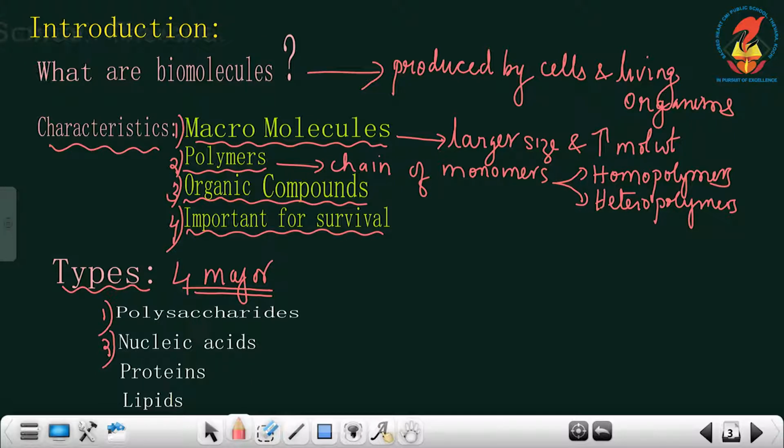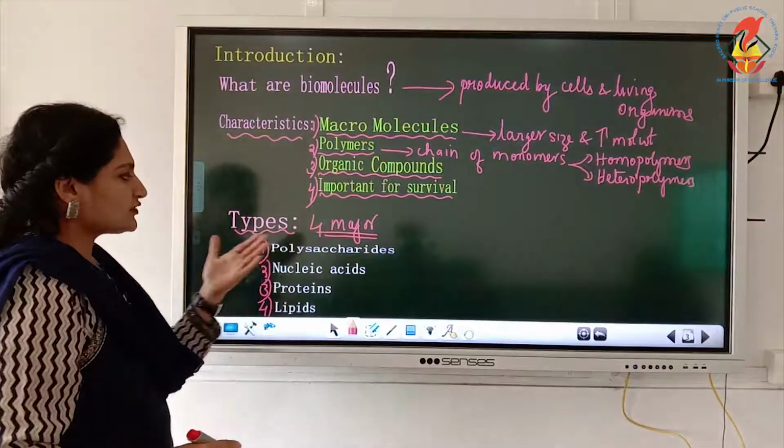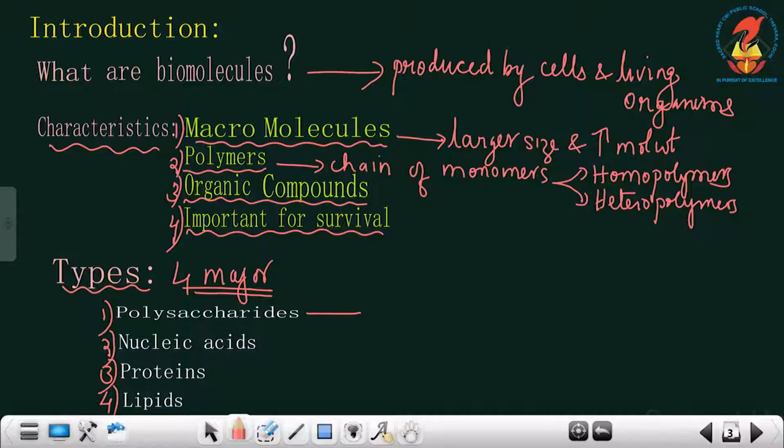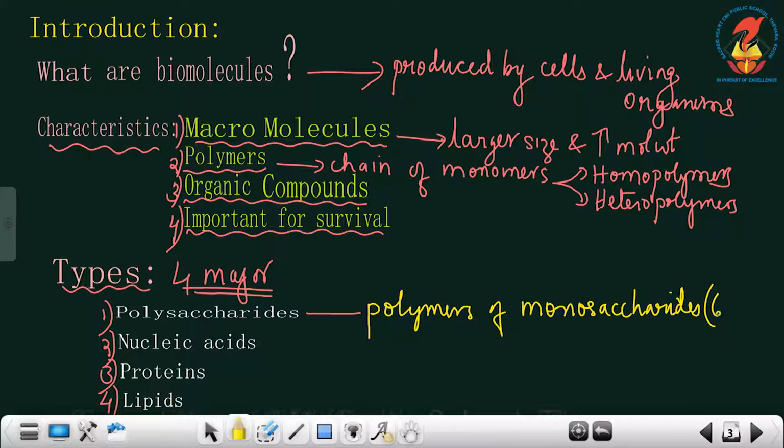The four major types of biomolecules are 1. Polysaccharides, 2. Nucleic acid, 3. Proteins, and 4. Lipids. So these are the four major biomolecules. Polysaccharides are polymers of monomeric units called monosaccharides, and these are usually glucose C6H12O6.